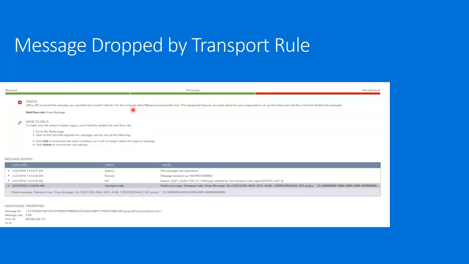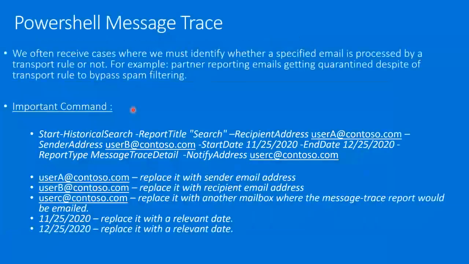It just gives you the basic overview of what happened during the transit. But if you want to understand what components were involved and what the different actions were, all this detailed information from the point where the email was sent till the email was received, if it is within the organization, everything will be captured in the historical search.